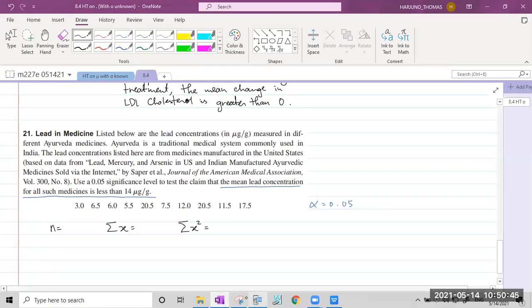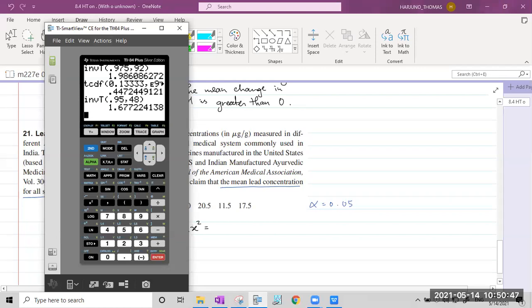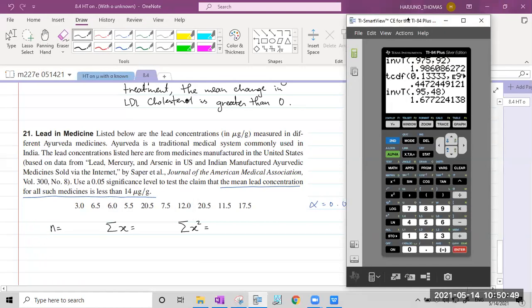Now let's go back here. How do we input the data? Go to stats, edit. I already occupied my list 1 here, so let me go to list 2 instead, the second column.